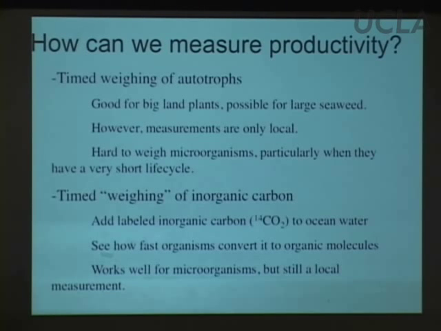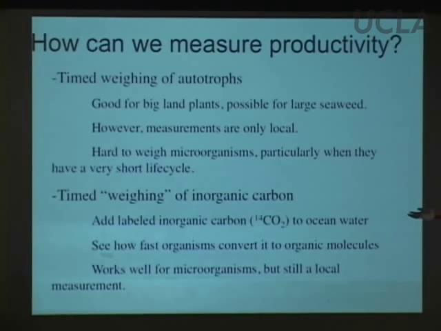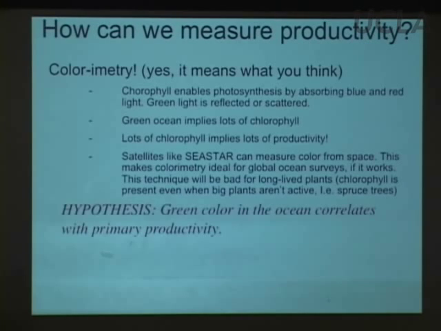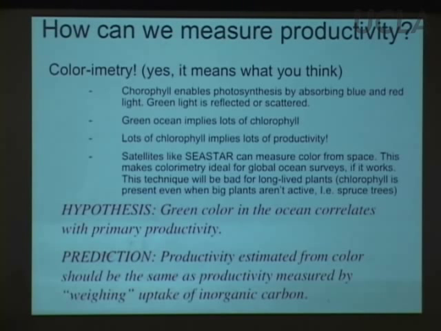And maybe we don't have these measurements everywhere in the ocean because we can't get to all the parts of the ocean. But at least in those places we can check, we can figure out, is the greenness correlating with the rate of photosynthesis measured by tracking carbon through the system? And this is what's been done. It's a cross-check.